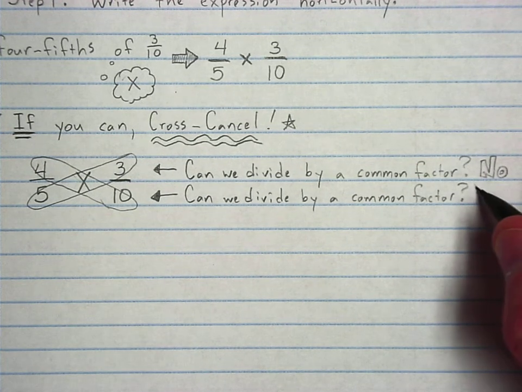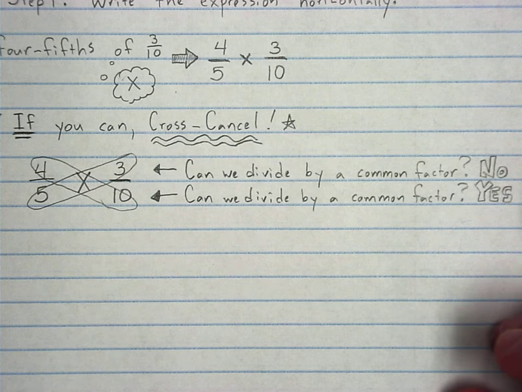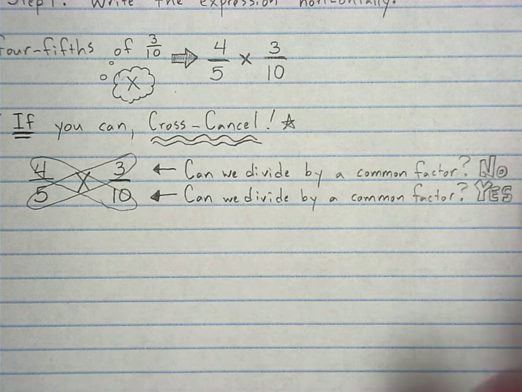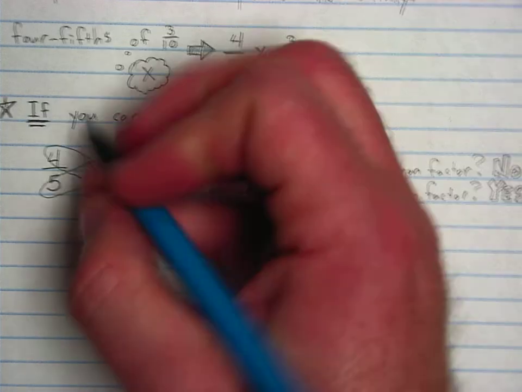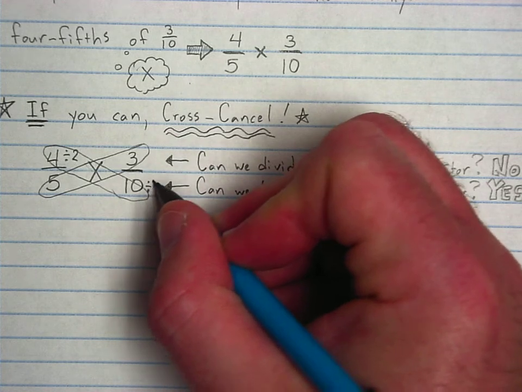That means if nothing else, I could divide them both by 2. So yes, for this second set of diagonals, we can go through and cross-cancel. We'll talk later about finding the greatest common factor, but really we're just going to go with the number I already said. Divide by 2. Divide by 2.